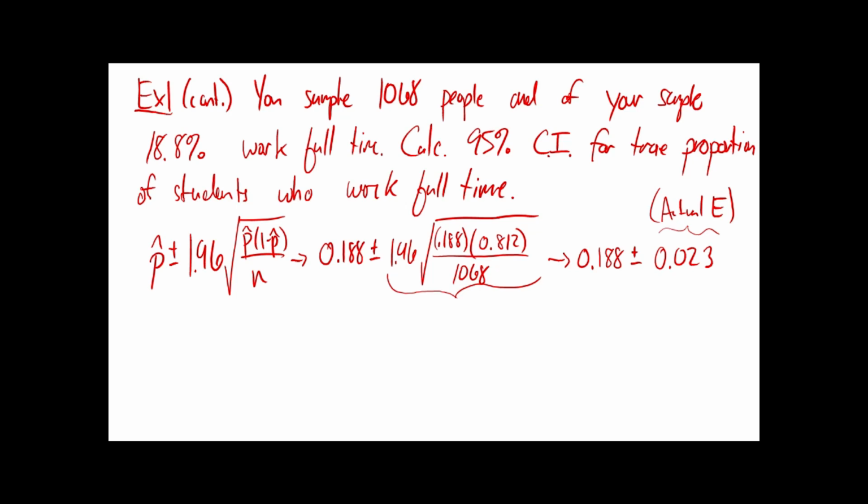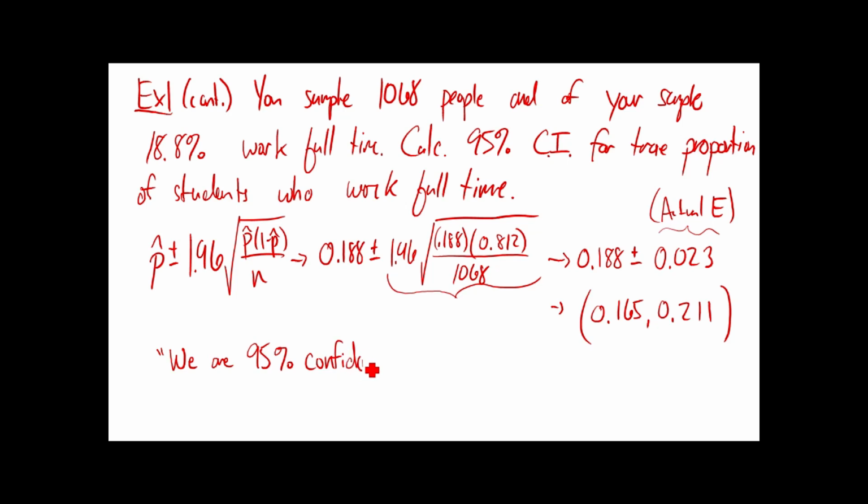All right. So if you put that together, if you subtract that, that would take you down to 0.165, and up to 0.211. Okay. So then you can interpret this. We always start out by stating our confidence level.